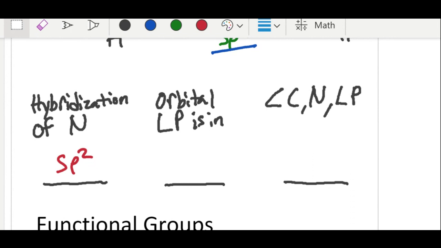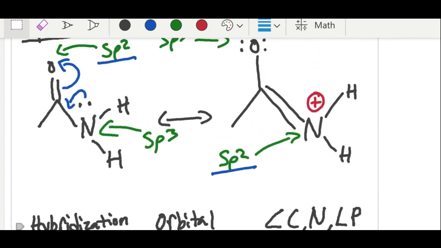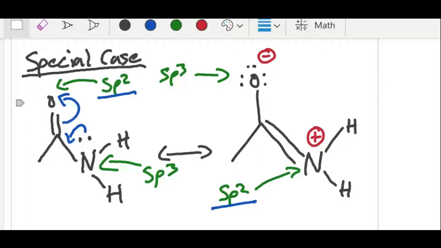If there's no questions, I will go on to the next question, which is what orbital is the lone pair in? Again, I'm talking about the lone pair of nitrogen. This lone pair is resonating, right? Any lone pair that can resonate is delocalized, as in it is freely able to move between multiple places, whether that's 2 or 25.